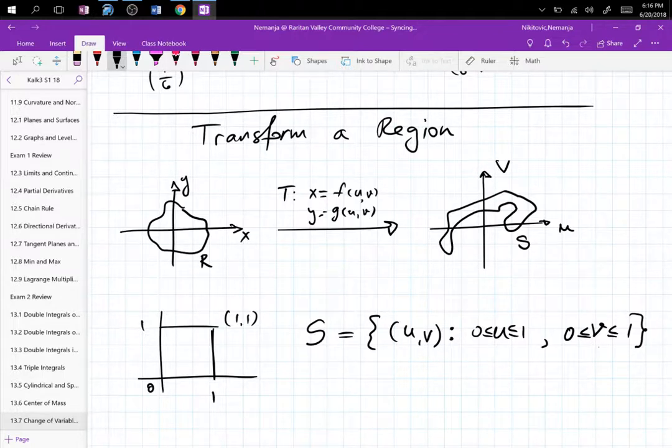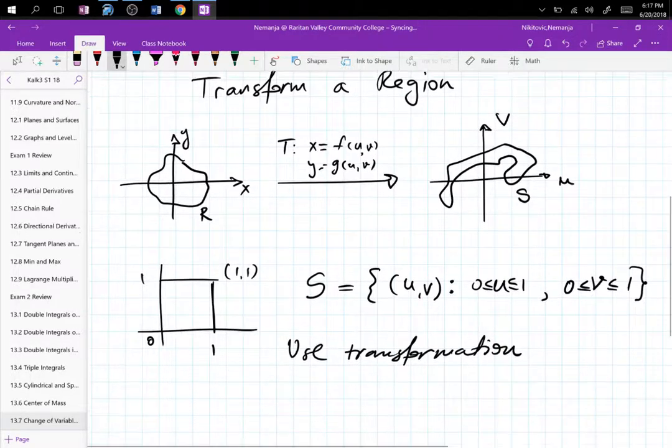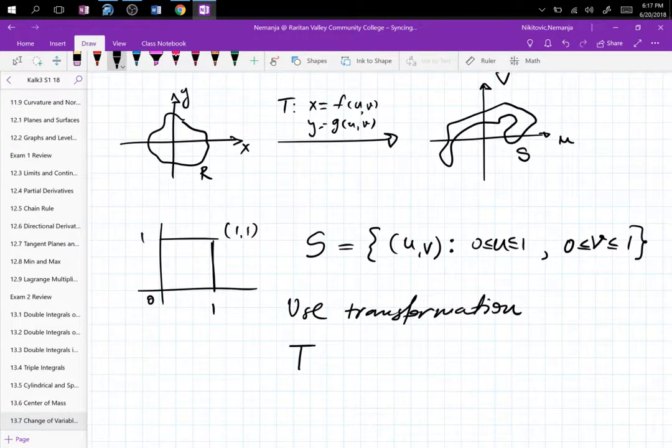Now I want to use transformation T. Let me see what they give. Pick, I guess, any one of these. So let's go with problem 6. That's easy. The transformation T is x equals negative u, and y is equal to negative v.